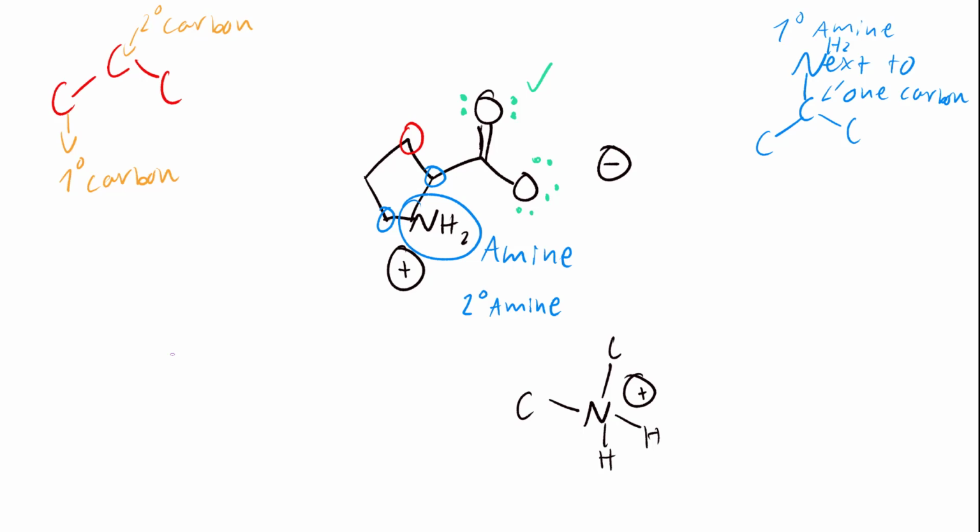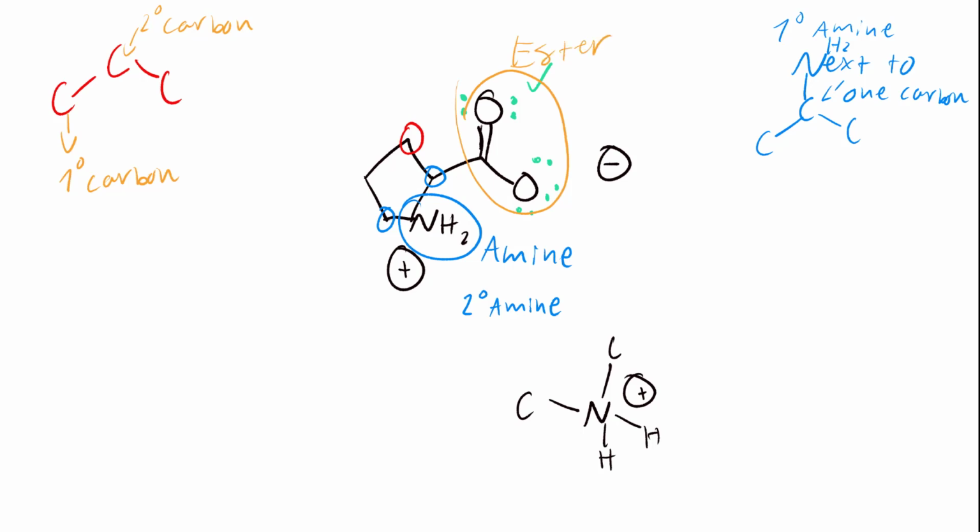And whenever you find an Easter egg, there's usually other Easter eggs near it, right? You're not going to find an Easter egg and then 5 miles down the road, you're going to find the next one. No, they're in like the proximity. They're like right next to each other. And so an ester has 2 oxygens, 2 Easter eggs that are connected. And this little carbonyl could be your little sidewalk that you go to get your Easter eggs, right? It's like a sidewalk that you go on. So this would be called an ester.